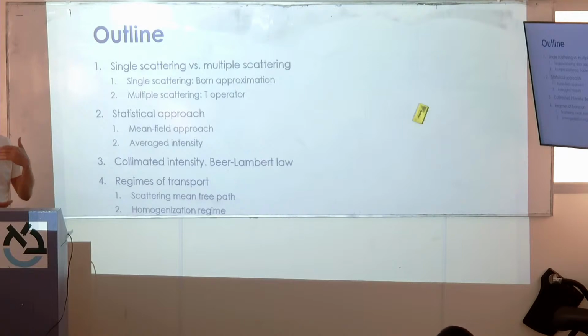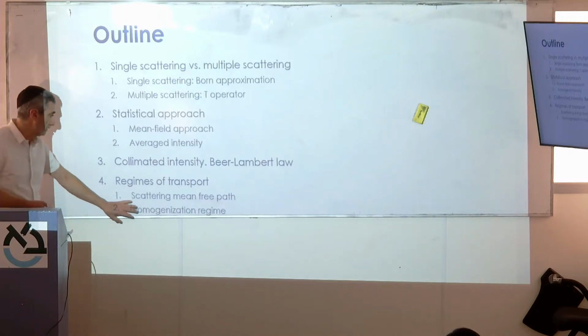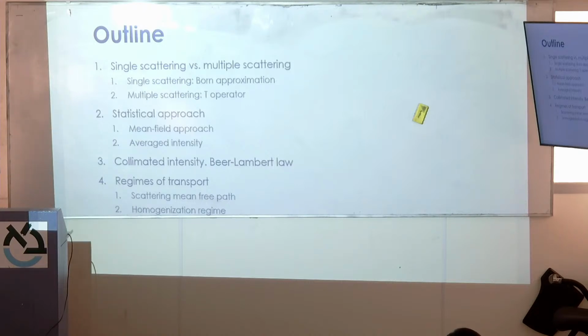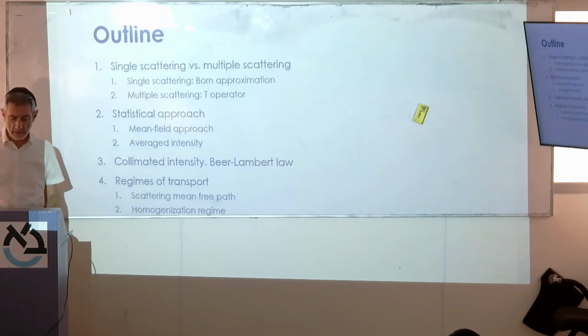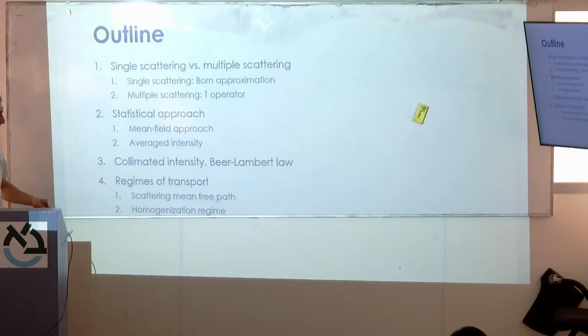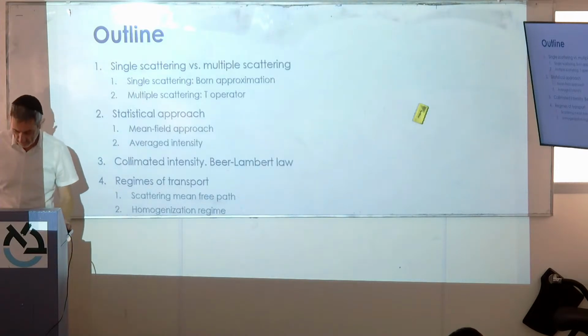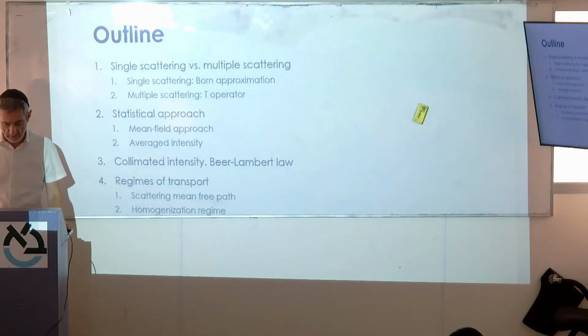The light goes through like in a transparent medium, but there is an index of refraction that slows down the light. This is the regime of homogenization. Those are simple cases that we will start with in this chapter, and next time we'll go deeper into the regime of transport. It's just an outline so we can see where we are going.